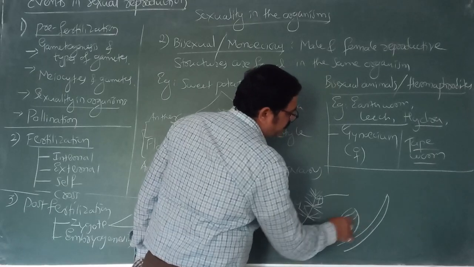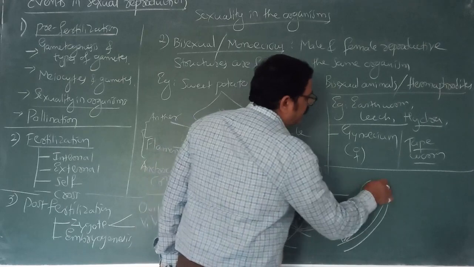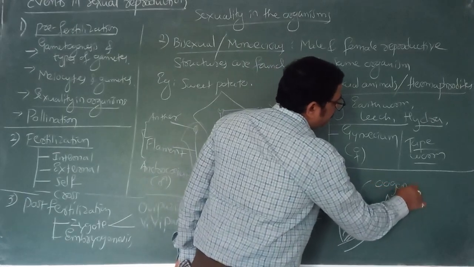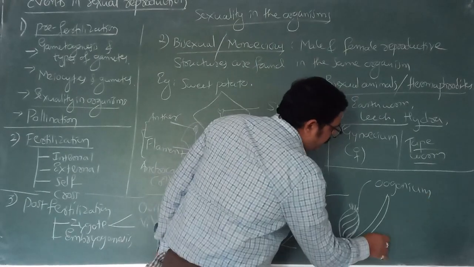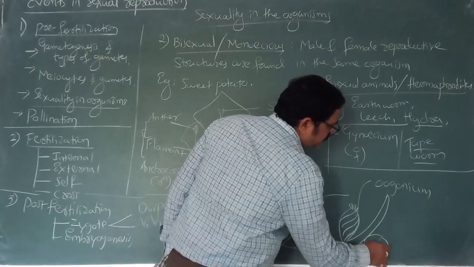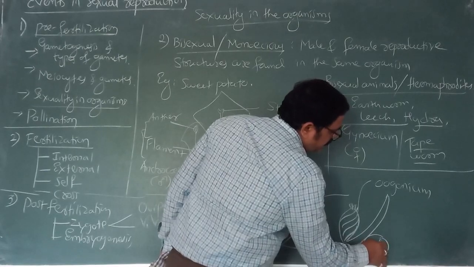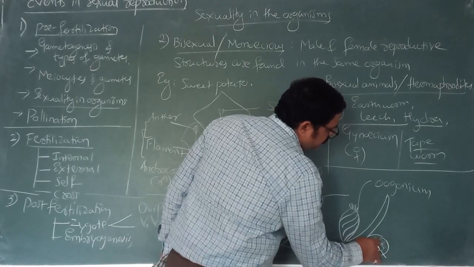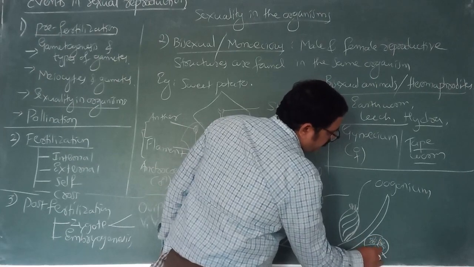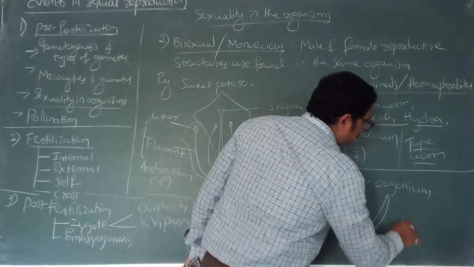You will find the structure which is the female reproductive structure, called the oogonium. And down here only you will find the male reproductive structure, which we call the antheridium. It will have a structure like this.